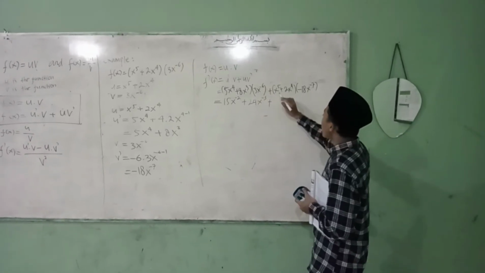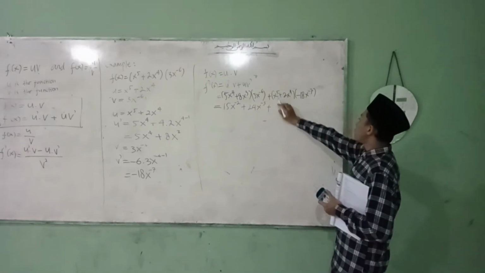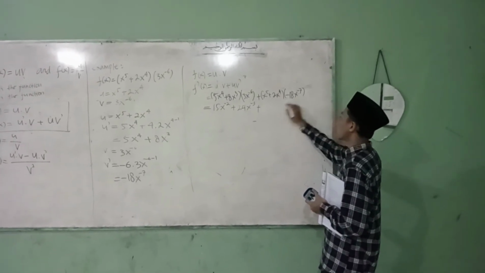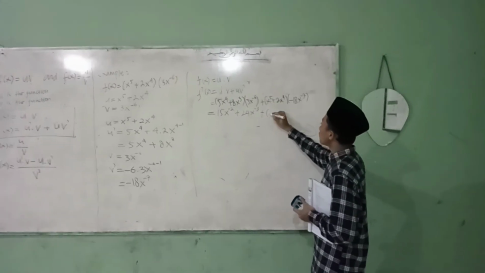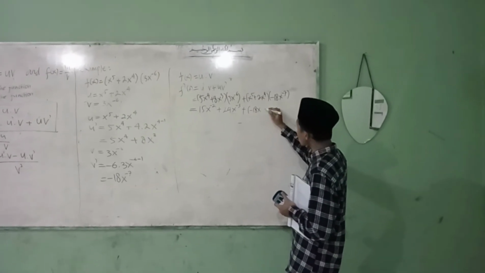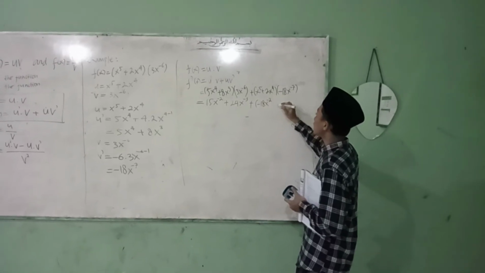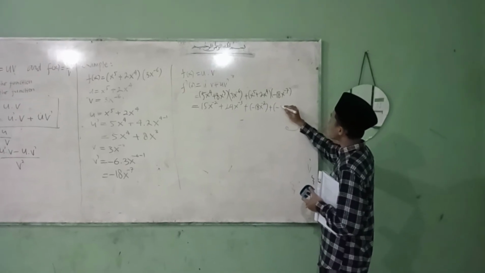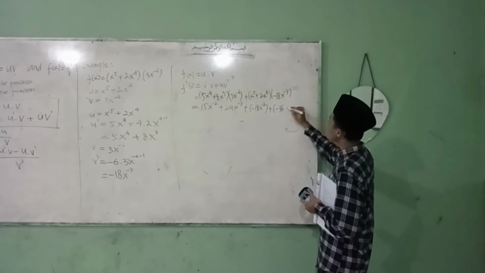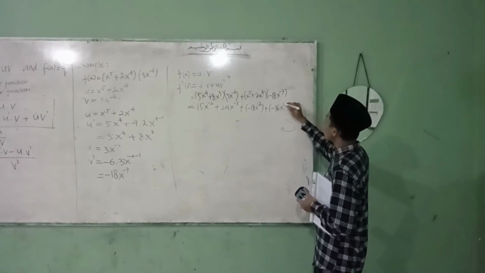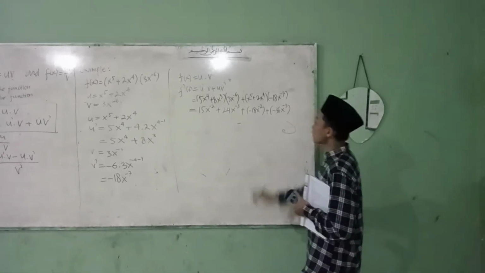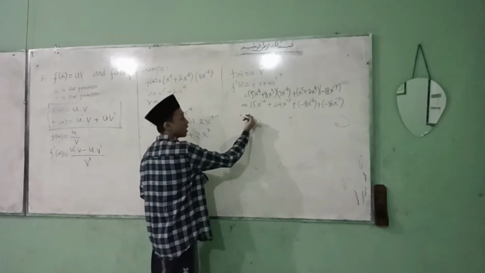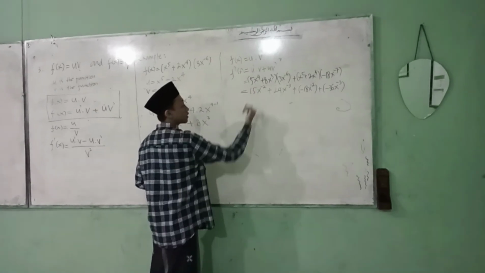Plus x to the power of 5 times negative 18x to the power of negative 7, which is negative 18x to the power of negative 2. Plus negative 36x times x to the power of negative 3. Then we operate on the same powers.